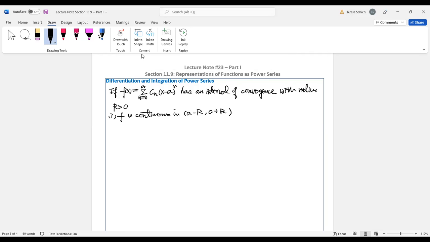Now, if this is a continuous function, then for all x in this interval, f may be differentiated term by term.